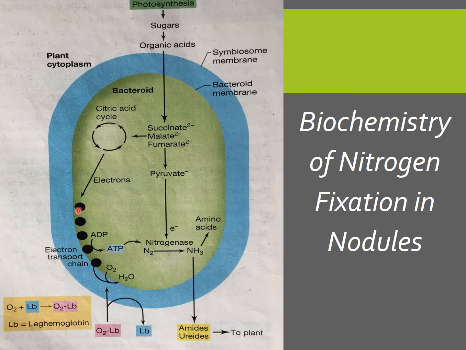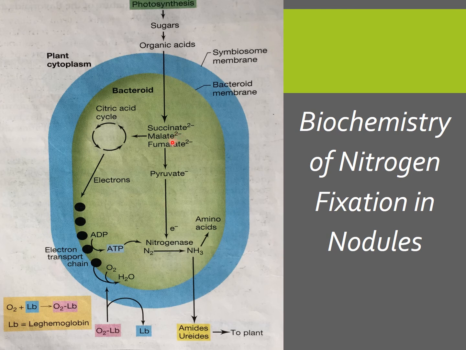These electrons travel through the different electron carriers and are finally taken up by oxygen. Oxygen accepts these electrons and gets converted into water. In this process, we have formation of ATP from ADP. This ATP is the energy source that is required for the actual process of nitrogen fixation. So, that is one route in which these organic acids can be used.